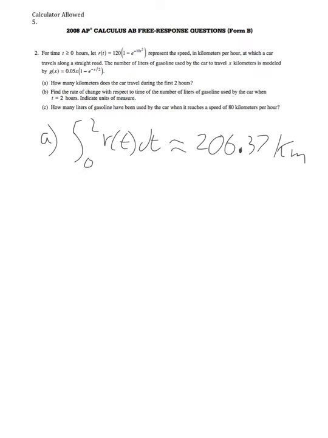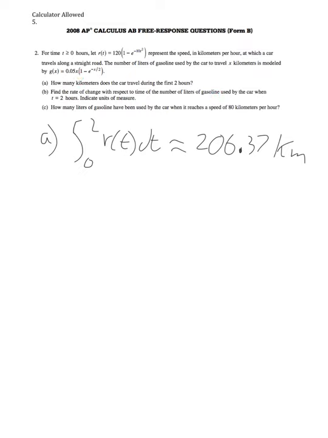Part B, find the rate of change with respect to time of the number of liters of gasoline used by the car when t equals 2 hours. Indicate units of measure. Well, the rate of change of gas makes me think I want G prime.